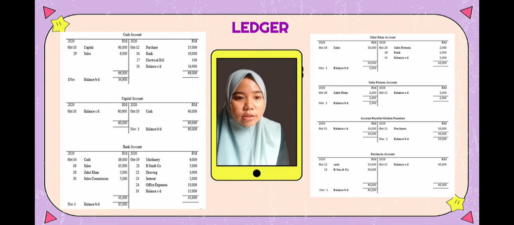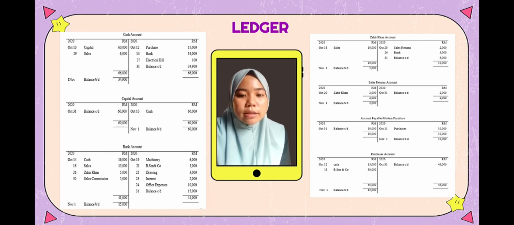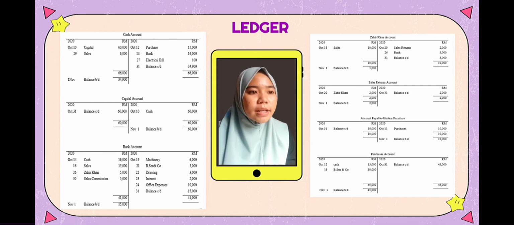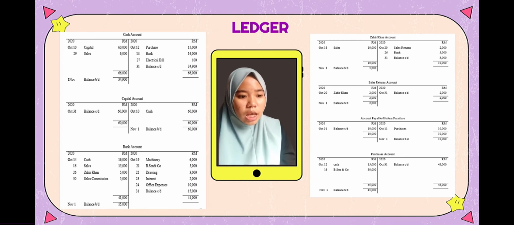Drawing has 300. Interest 200. Office expenses 10,000 and the balance is 15,000 and the total is 41,000. The total is the same and the balance on 1 November is 1,500.